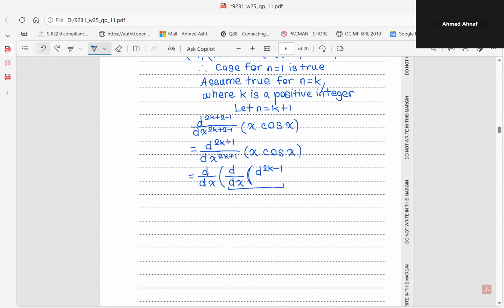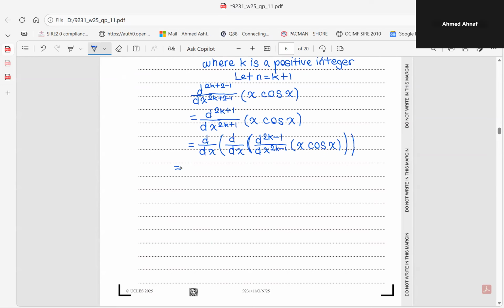I hope you get what I'm trying to say. This is just the second derivative basically, but I don't really want to write that.